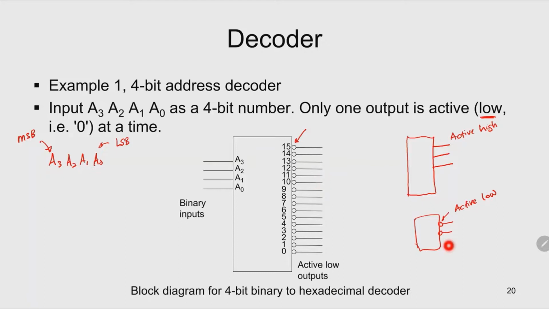So this is a 4-bit binary to hexadecimal decoder. You can see that with 4 bits, we can count from 0 to 15, and you have 16 outputs at this decoder.